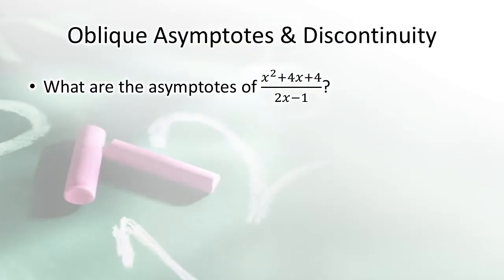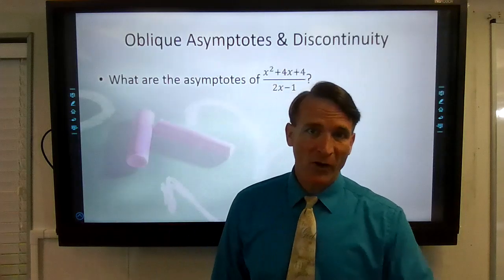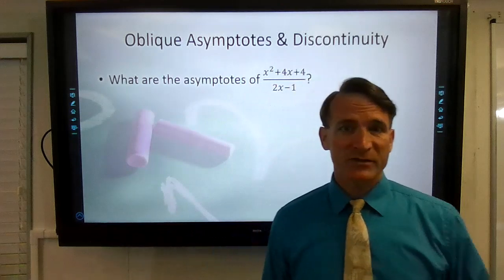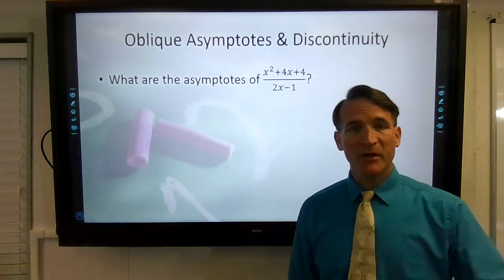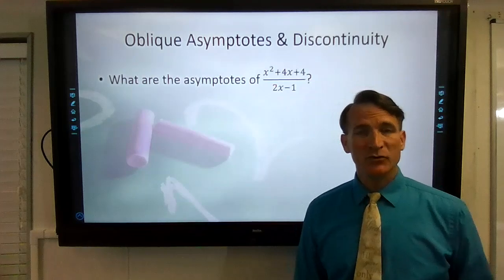So what are the asymptotes of x squared plus 4x plus 4 over 2x minus 1? Let's start off by looking at my vertical asymptote. My vertical asymptote is based off of my denominator being equal to 0.